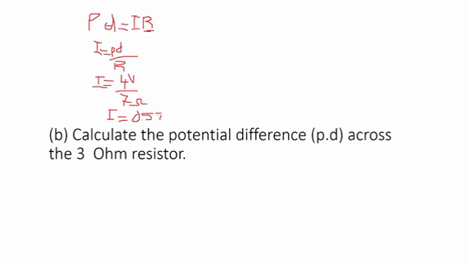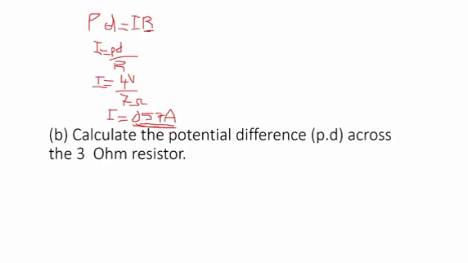0.57. The units for current are amps or amperes. So that is current. So we have not yet calculated what they have asked us. What they want us to find is the potential difference. So the one we have found is the current.